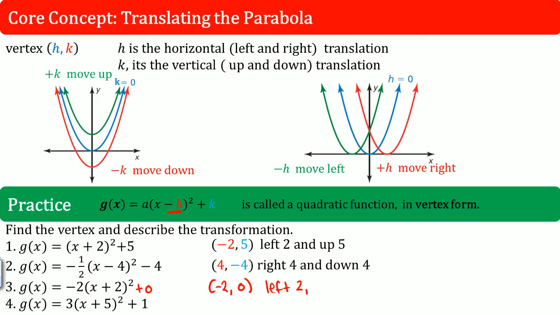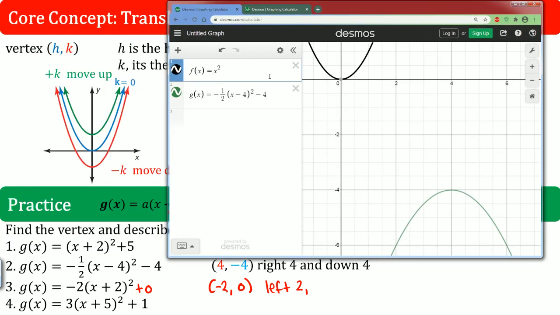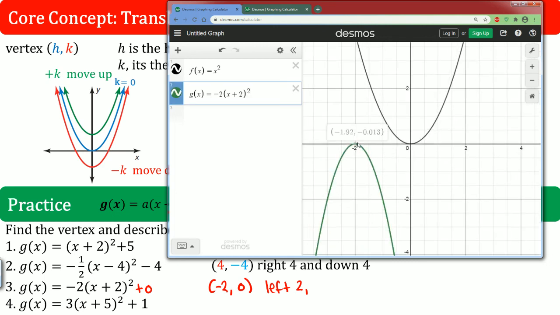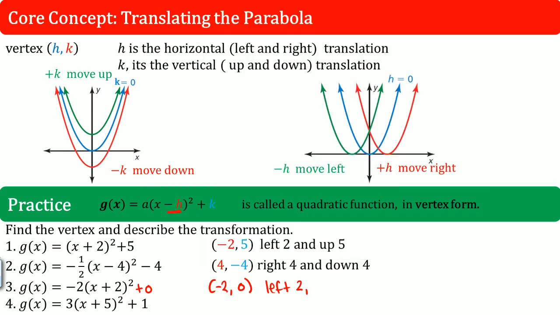You just went left 2. Let's see if that works. Let's graph that. Negative 2 (x plus 2) squared. Let's see if that worked. Yes. So our original was 0, 0, and we moved to the left 2. So that's why that vertex is negative 2. Okay. There you go. Let's see if we did it correctly by double checking our answers.